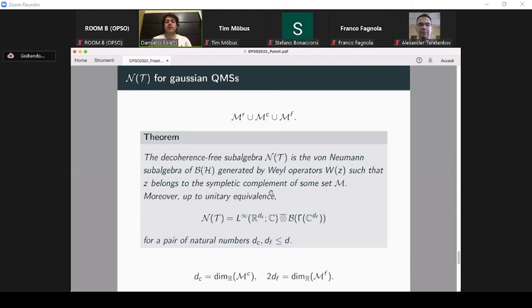The first one, which depends on MC, is commutative, is classical. It's the L infinity functions from R to the DC to C. And here DC is exactly the real dimension of the set MC.